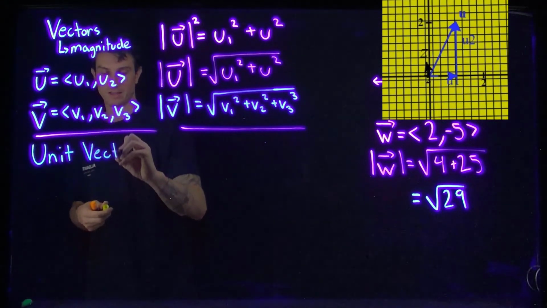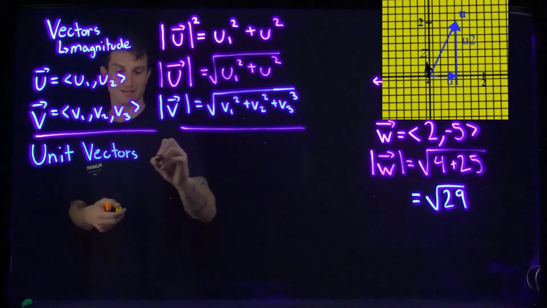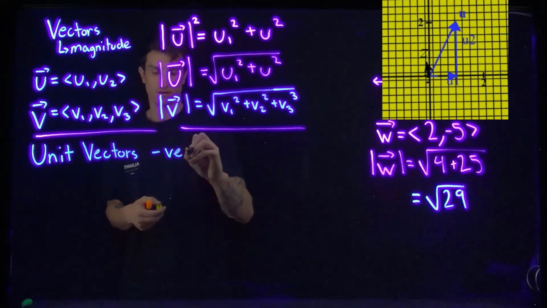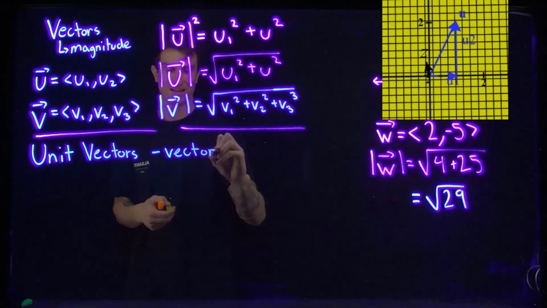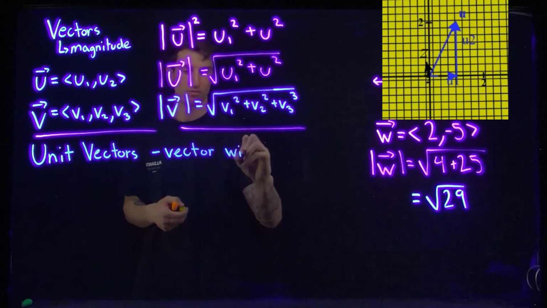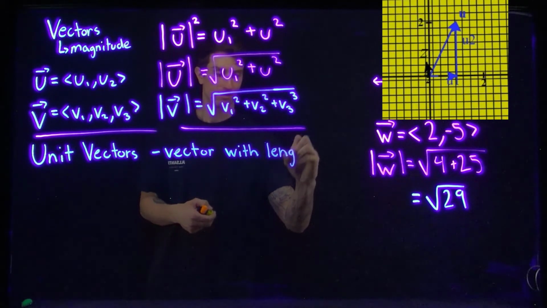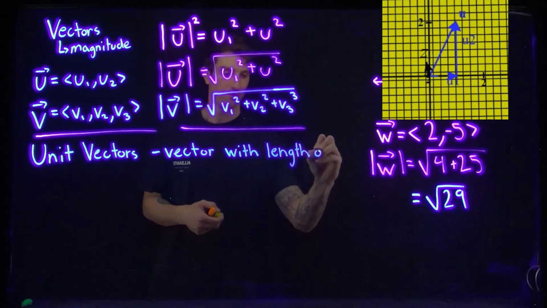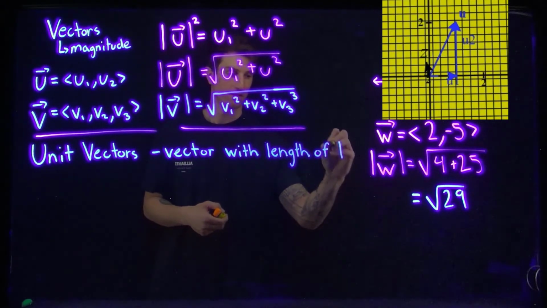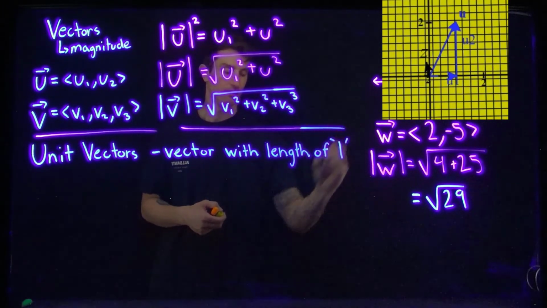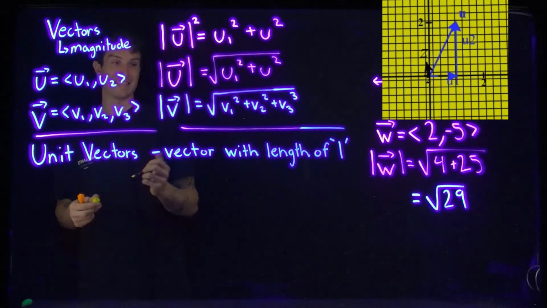Now, the definition of a unit vector is a vector with length 1, or magnitude 1. Right, it has a length of 1.